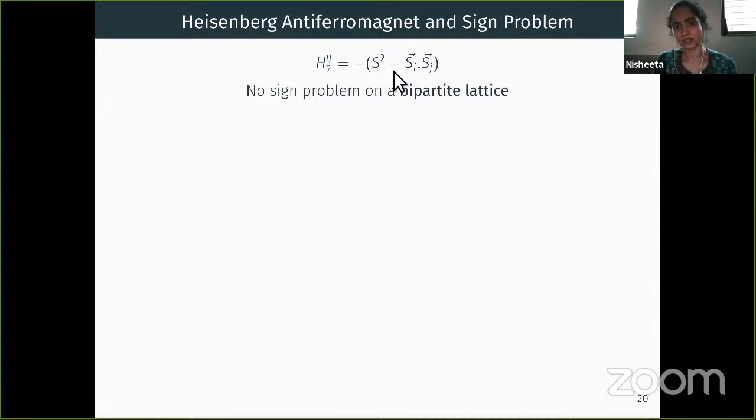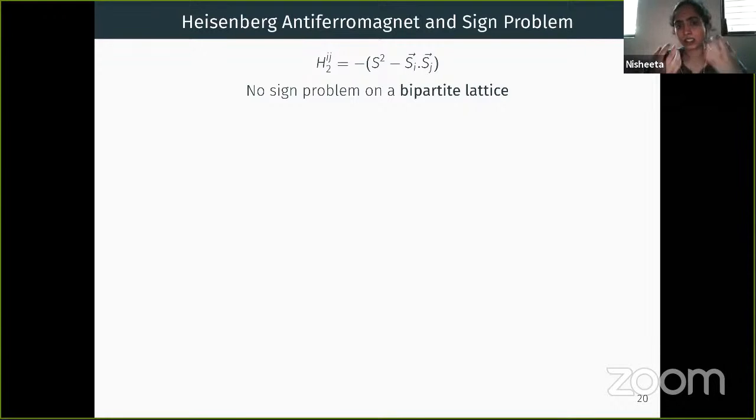The reason I've subtracted S squared here is so that all the diagonal elements of the quantity in the bracket are positive. And now you can see that if you do a unitary transformation on either site I or J, all the off-diagonal elements can also be made negative. So there is a basis where this model does not have a sign problem.